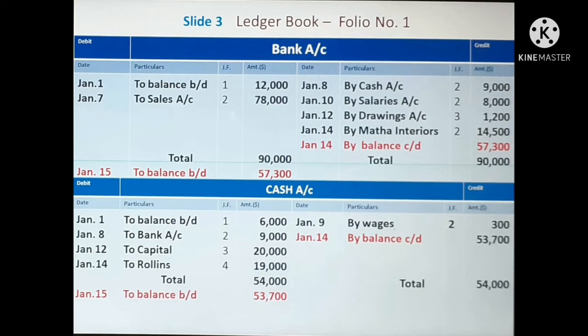So the balance is shown on the credit side by balance carried down $53,700 on January 14. Below the total, the balance is brought down to the debit side on January 15 as balance brought down $53,700. The transactions in both the accounts from January 15 onwards can be posted in continuation of the balance brought down.